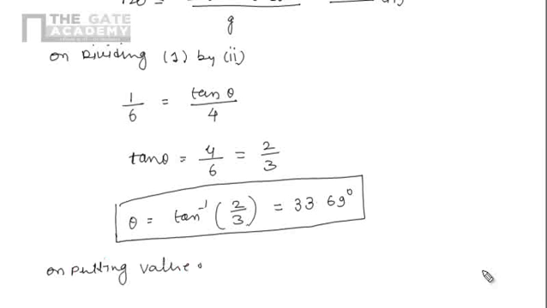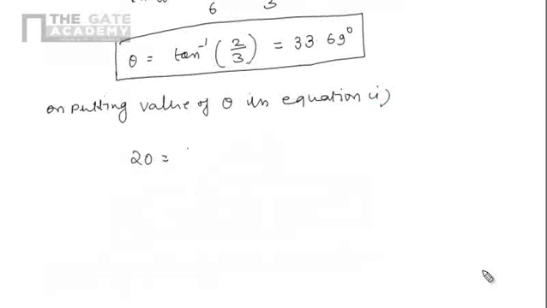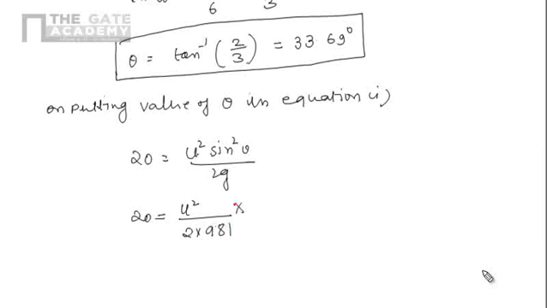Putting the value of theta in equation 1, we have 20 equals u square over 2 into 9.81 times sine square of 33.69.